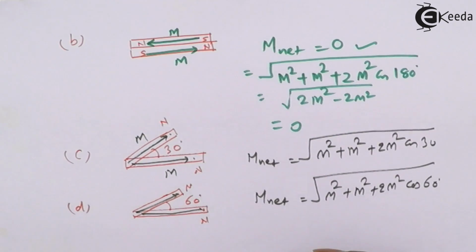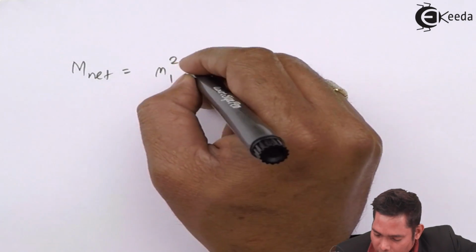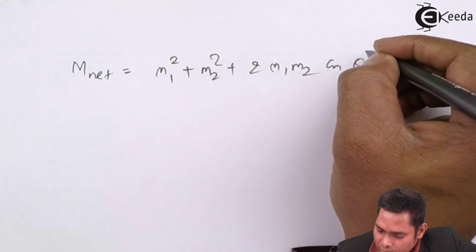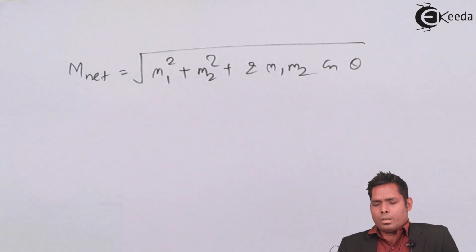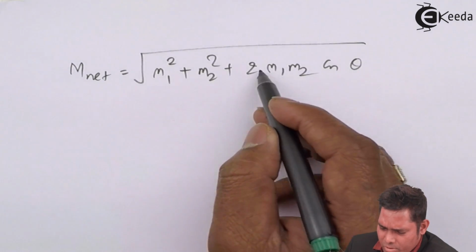It asks in which case the dipole moment is maximum. If you calculate that you will get the answer, but I will help you find one simple way to do that. M net equals root of M1 square plus M2 square plus 2 M1 M2 cos theta. You must remember that these are identical values, no problem with that.